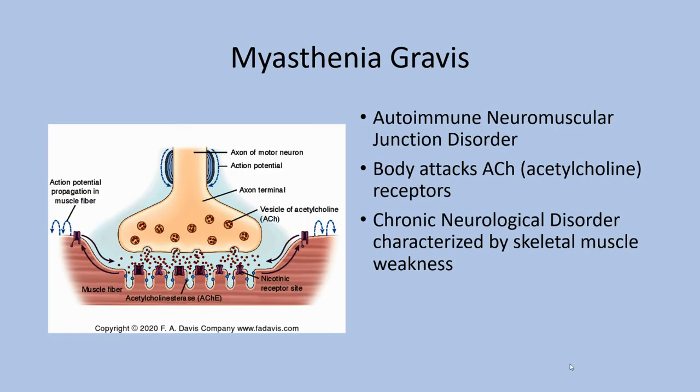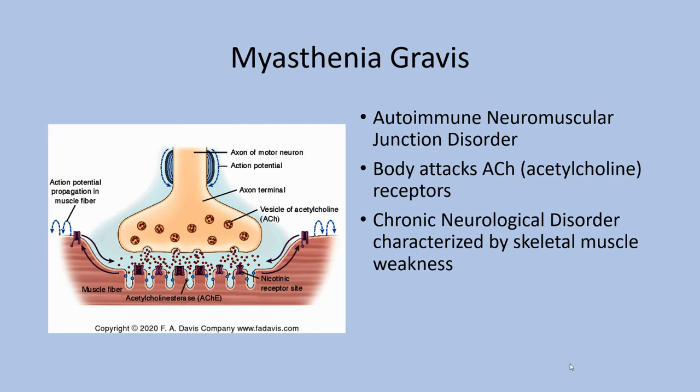So a little background on what myasthenia gravis is. It's technically a motor disorder. It's characterized by fluctuating localized skeletal muscle weakness and fatigue. So when you think about myasthenia gravis, think about muscle involvement.